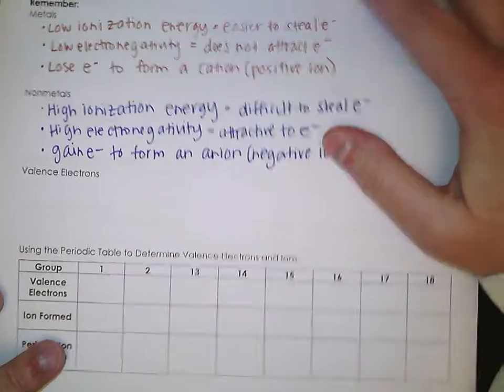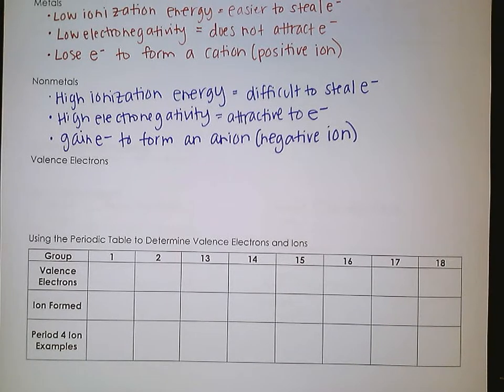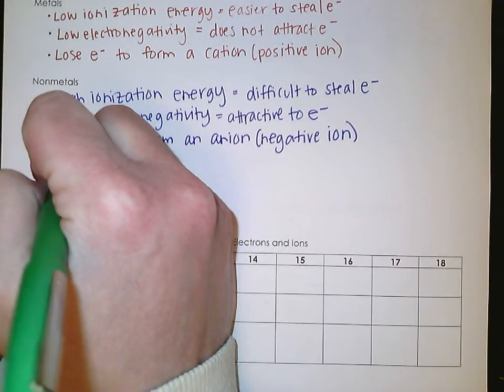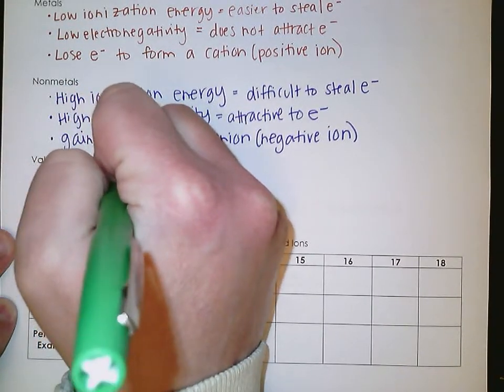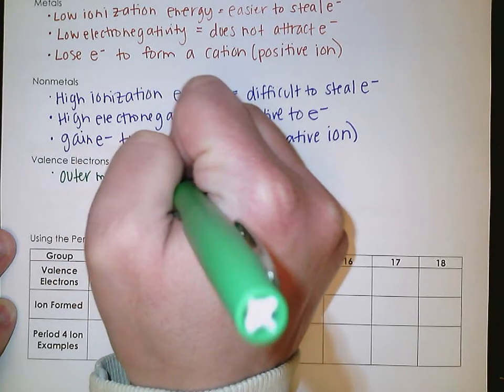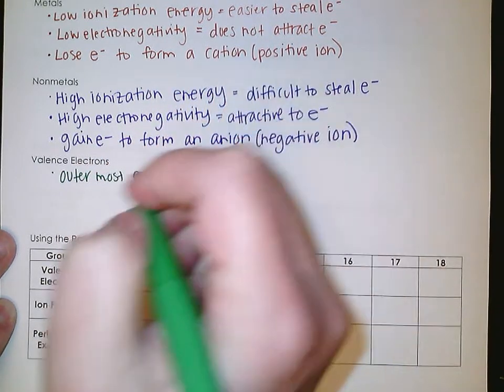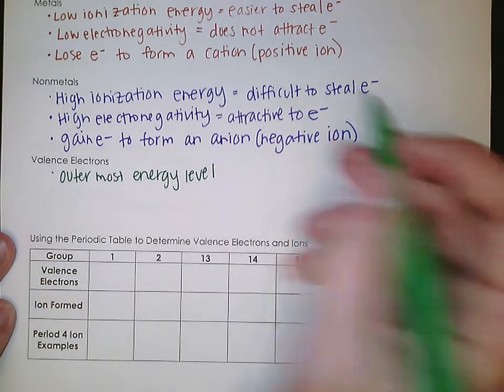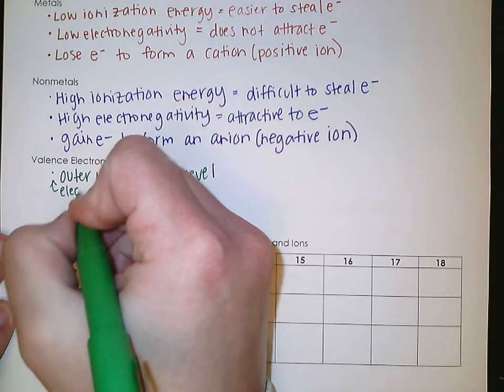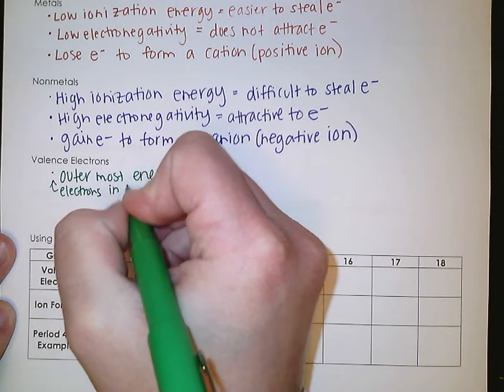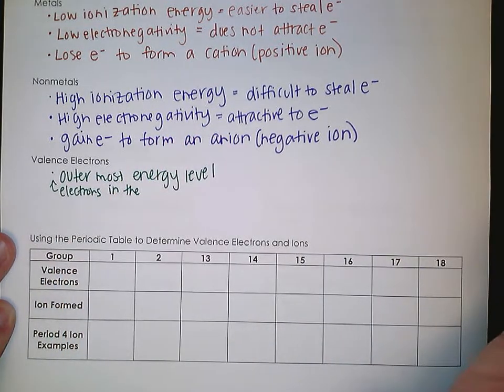And let's take a look at valence electrons. So valence electrons are in our outermost energy level. So we're working with those furthest on the outside. Electrons in the outermost energy level.